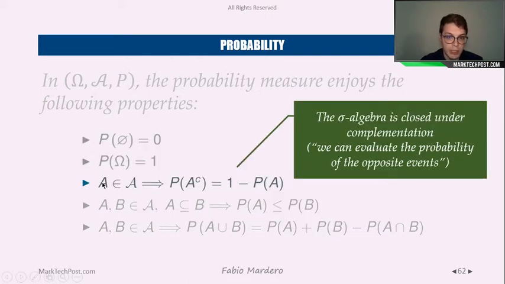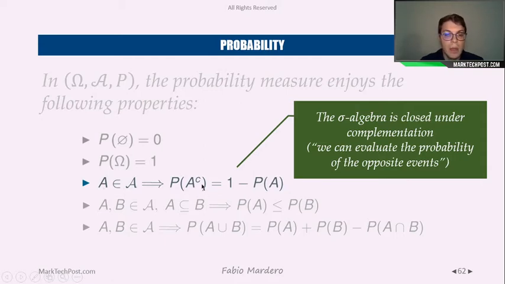In the third property, instead, we rewrite the fact that the sigma algebra is closed under complementation, and we apply this property through the measure. So if we take, remember, this is an event now, a subset of the bigger collection, the sigma algebra, and now it's called event.